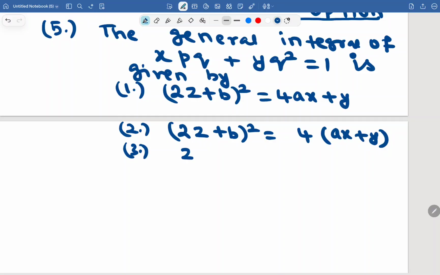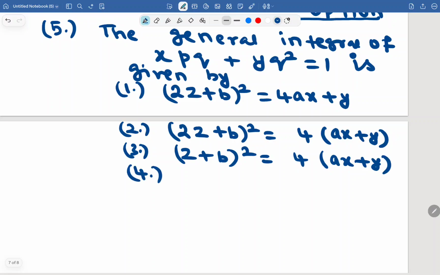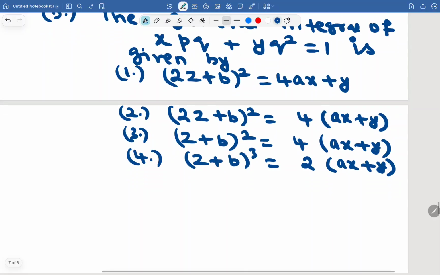Third option, z plus b whole square equal to 4 times ax plus y. Last option, z plus b whole cube equal to 2 times ax plus y.